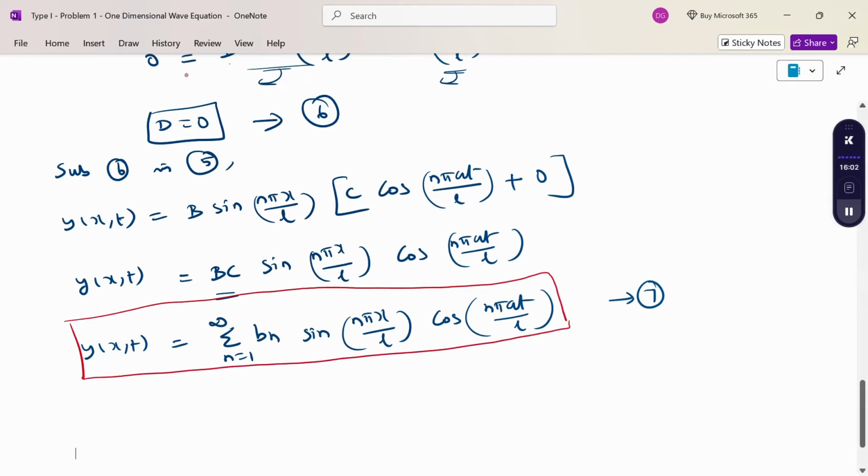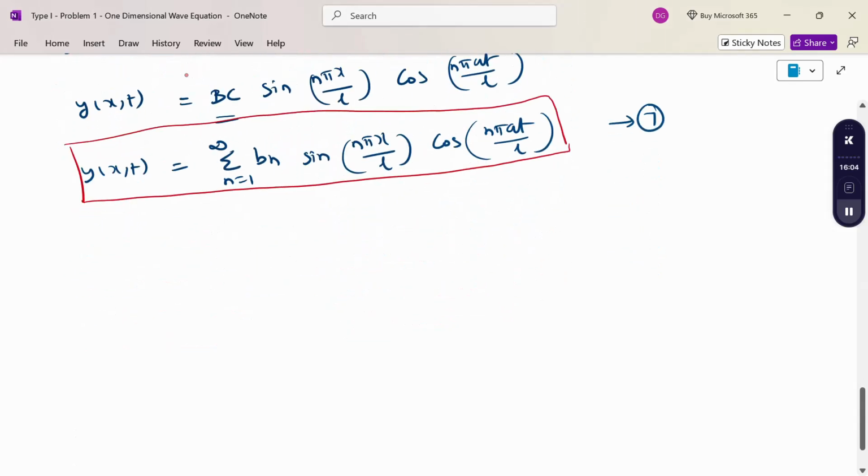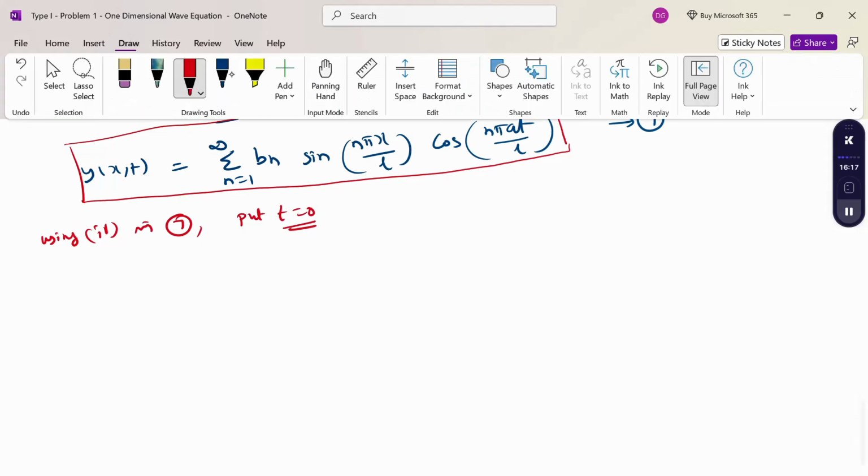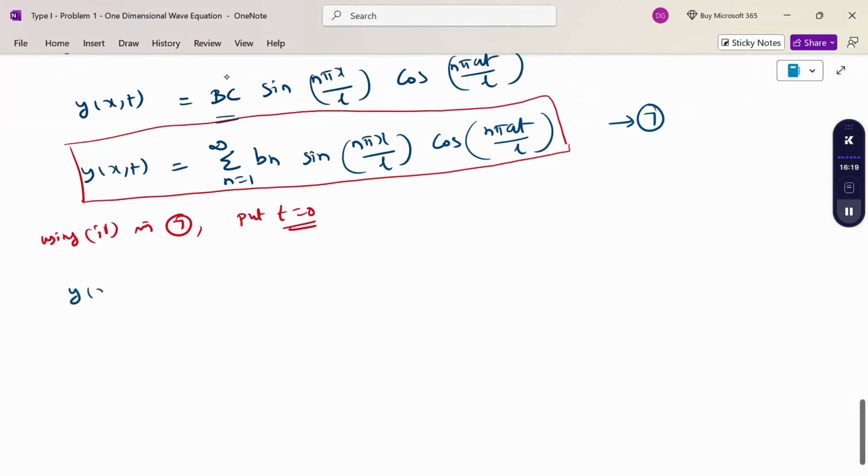Now what is the next one? Using the fourth condition in the 7th equation. The fourth condition is t equal to 0. Therefore y of x comma 0 equals summation n from 1 to infinity b n sin(n pi x by L), when I substitute t equal to 0, cos 0.